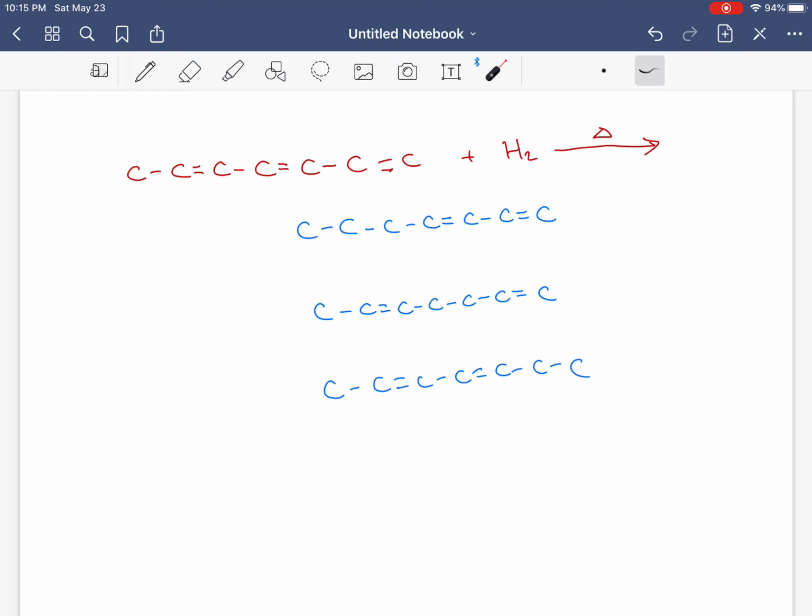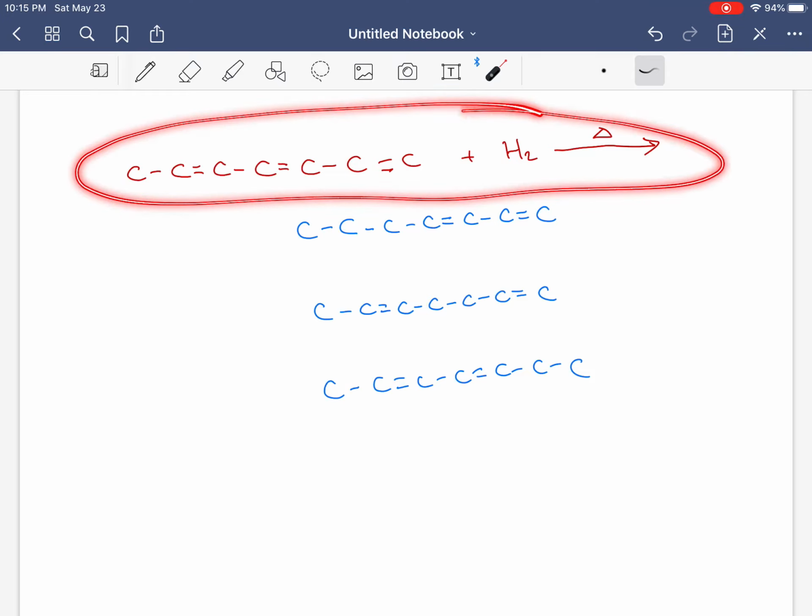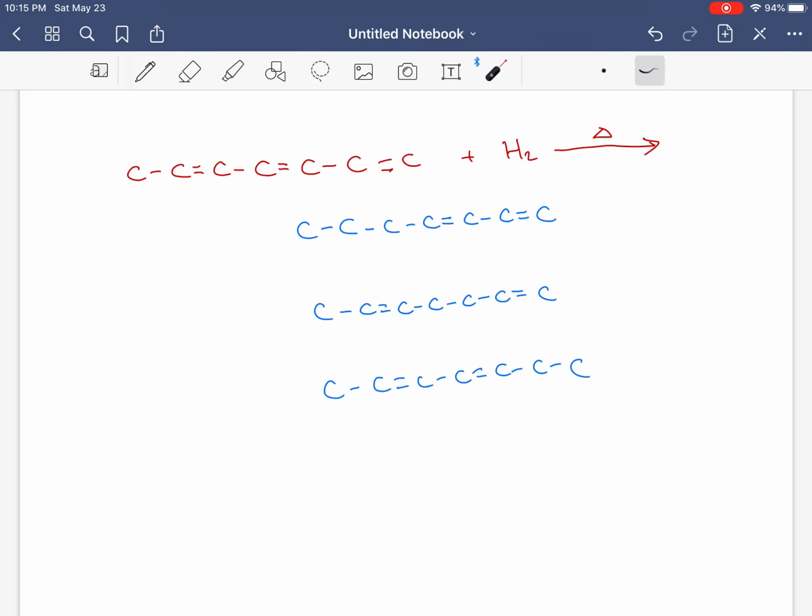So remember that you have to make sure that you understand that this reaction is a hydrogenation reaction, and a hydrogenation reaction strictly attacks double bonds. It's very, very similar to halogenation. The difference, of course, is that this is not a halogen. That's all, but it's really the same thing.